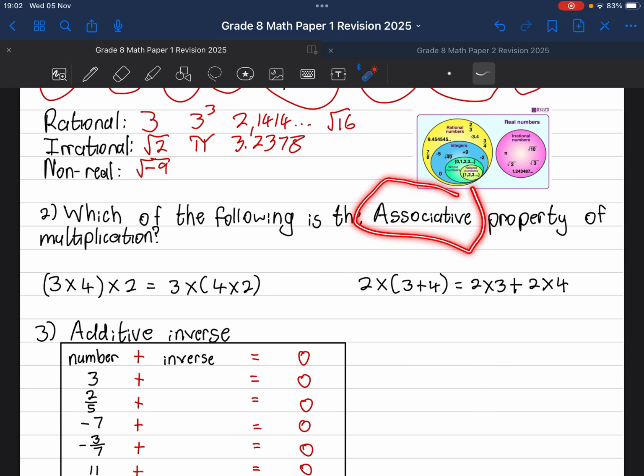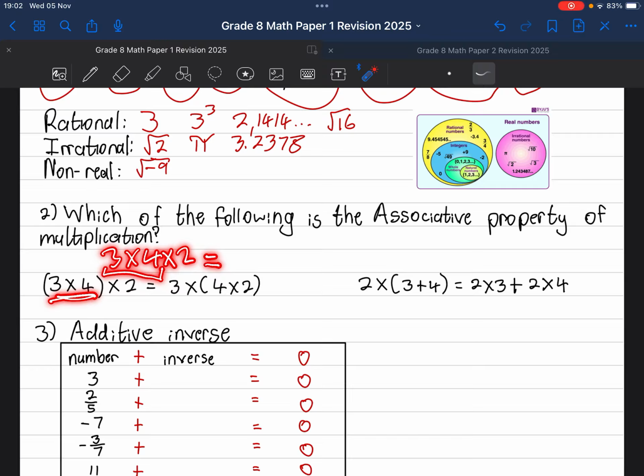which is not what we are being asked for here. However, if you look over here, we have 3 times 4 times 2. This is the sum we are faced with. And we have, let's say, one friend saying, let's do 3 times 4 first, and then times it by 2. And a different friend saying 4 times 2 first, and then times that by 3.